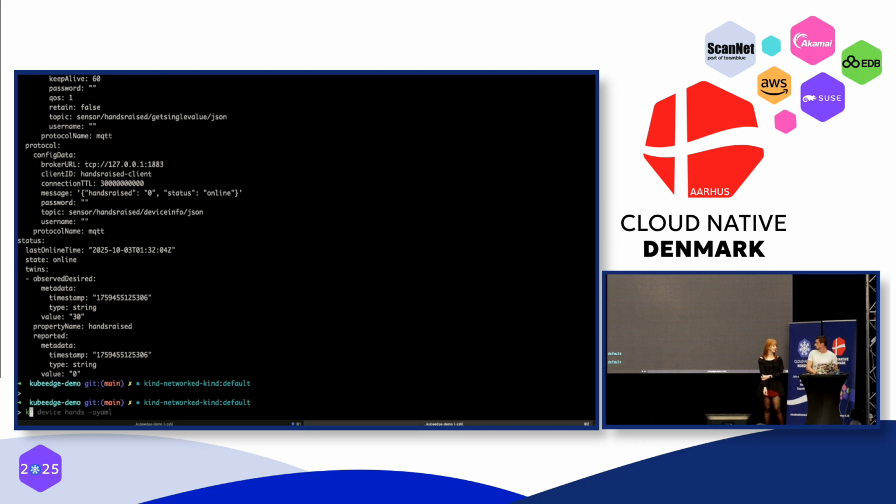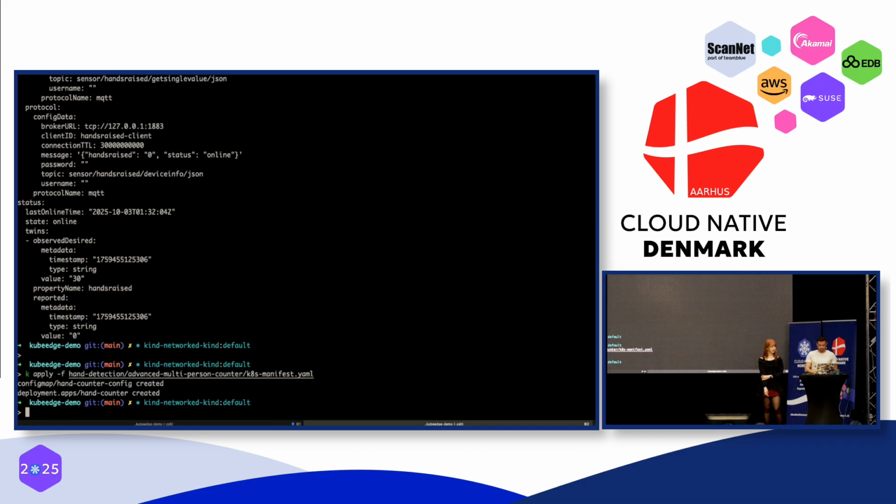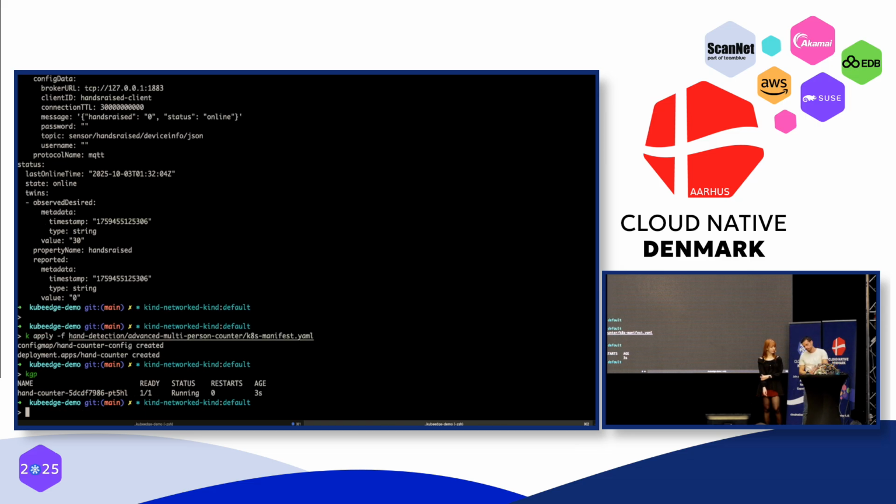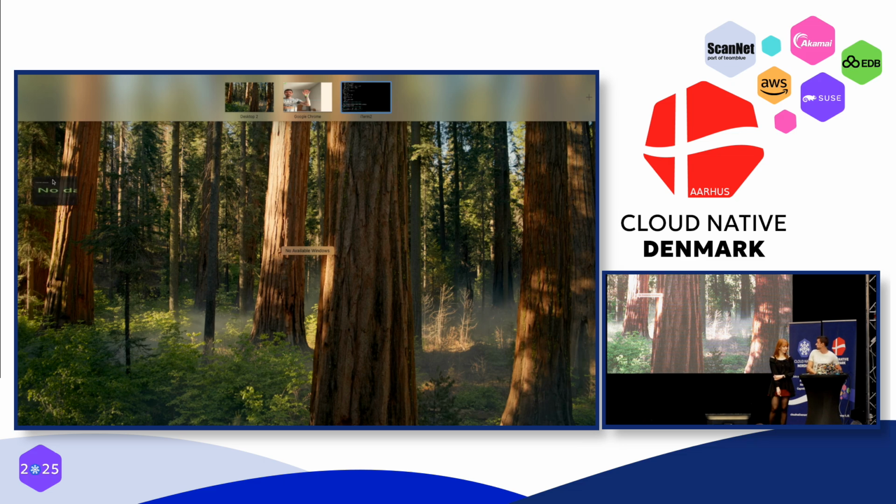So let's install that MediaPipe app. And let's see if it started. So now the camera has started. The lights are blue. So it is running. And we are going to visualize this with a Grafana dashboard.